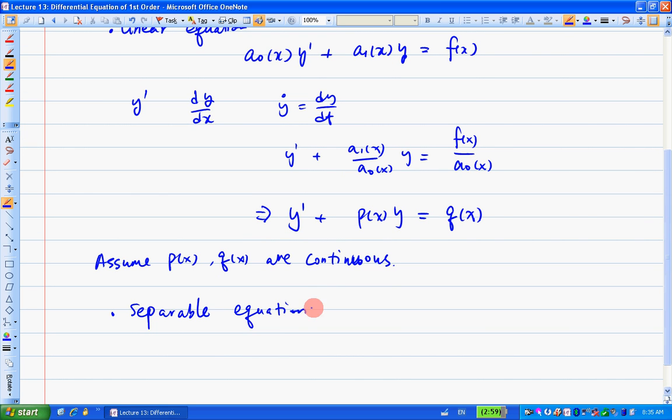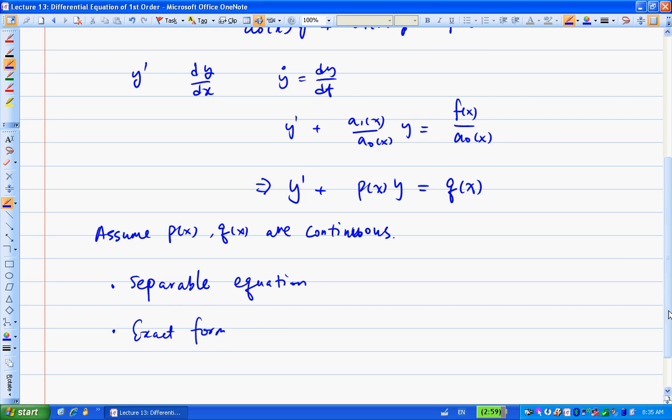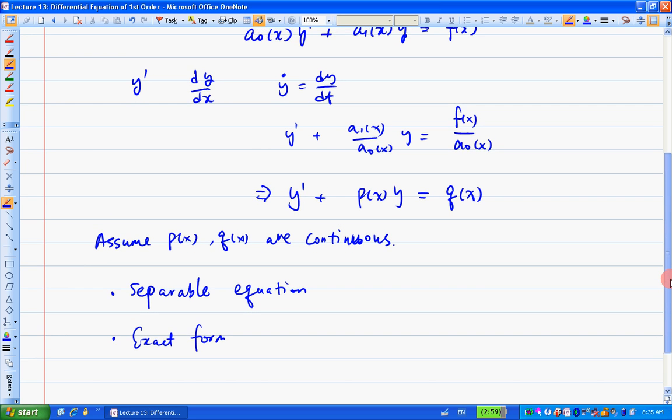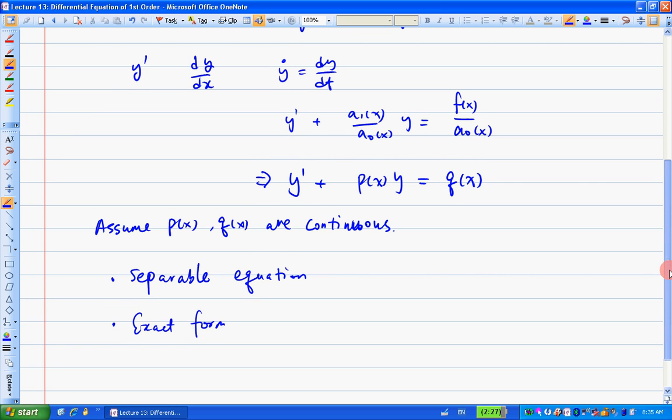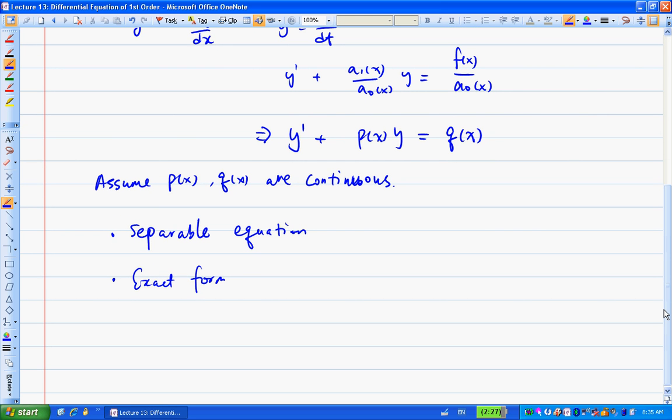We call it a separable equation because we are able to separate the equation to solve it. If we have time, we can look at another one called the exact form, sometimes called an exact differential equation. When we learn 248, we're going to look at it at a certain time. So that's overall what we're going to look at here.